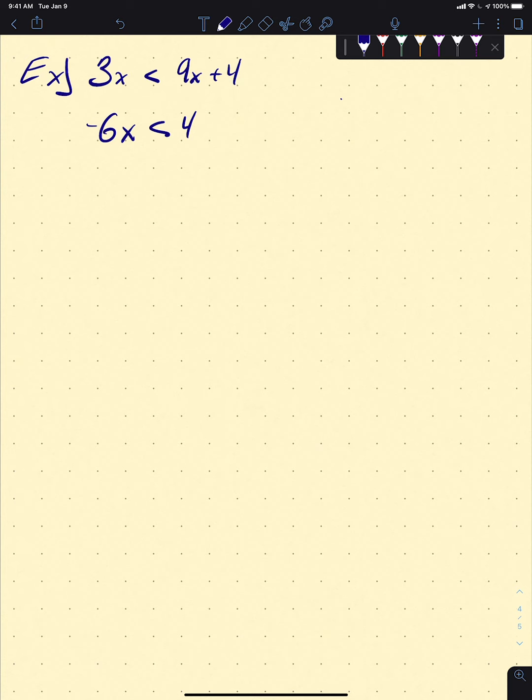But one of the things that we need to keep in mind is that when you multiply an equation, or an inequality rather, by a negative number, you need to flip the sign, right? So when we divide by negative 6, we're going to get an x on this side, and 4 divided by negative 6 is negative 2/3, right? But as I said, since we're dealing with this negative, this sign flips. We get that x is greater than negative 2/3.